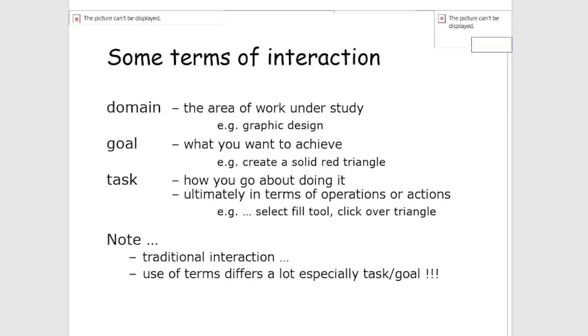For example, graphical design. And after that, we have goals and tasks. Goal is what you want to achieve. What is your goal? And the task is how you go about doing it, or what are the operations or actions that you are going to take in order to achieve that goal. And of course, there we also have an intention of what we should do in order to achieve that goal.